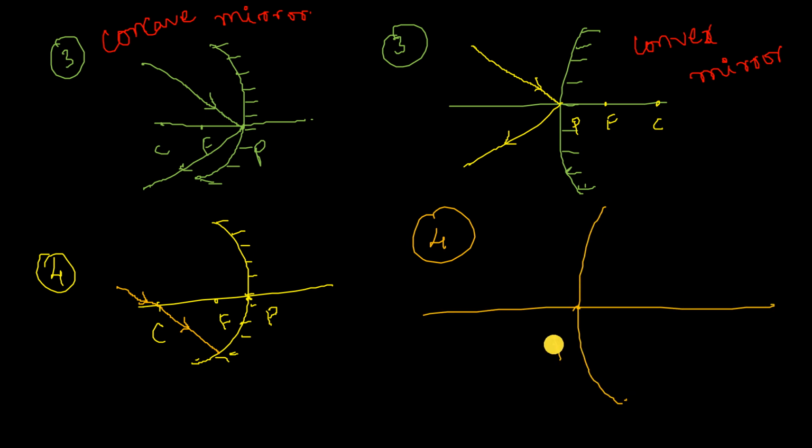If the light ray passes through the center of curvature, it will be reflected back. Here it will be reflected back like this. Here also, if you are taking like this, it will be reflected back. Okay, so these are the four ray rules of concave and convex mirror.